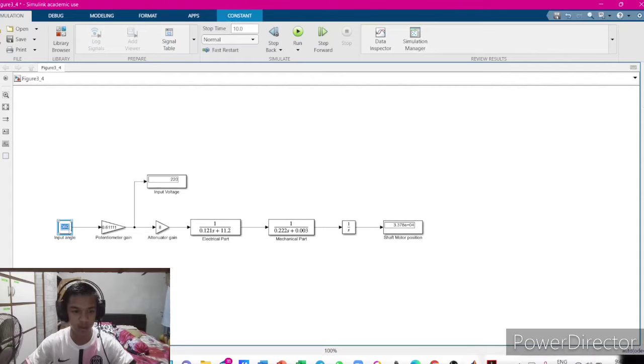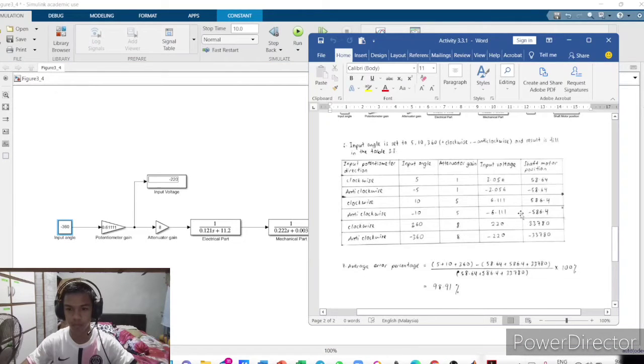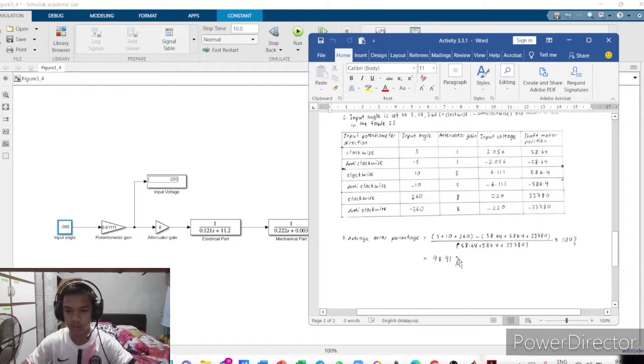For input angle anti-clockwise, we get the result negative. Then we fill into the table. So for the average error percentage, we get 98.91%. Alright, that's all from me.